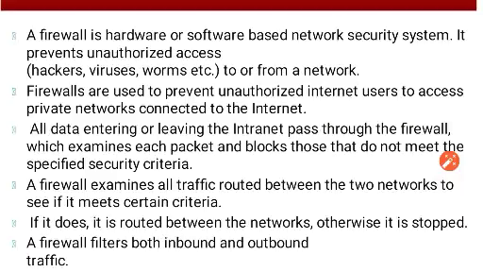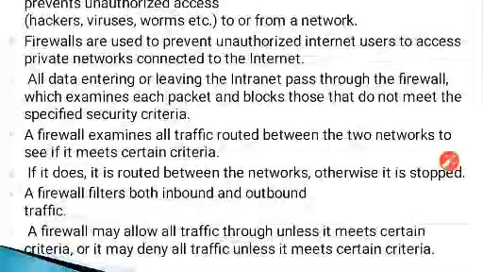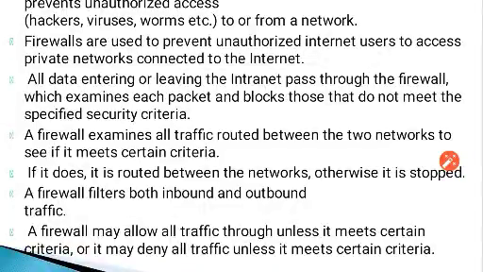So a firewall examines all traffic routed between the two networks to see if it meets certain criteria. It filters both inbound and outbound traffic. So firewall is again a very important one.